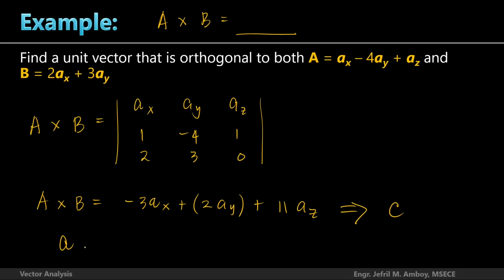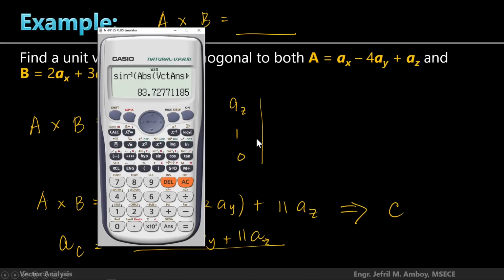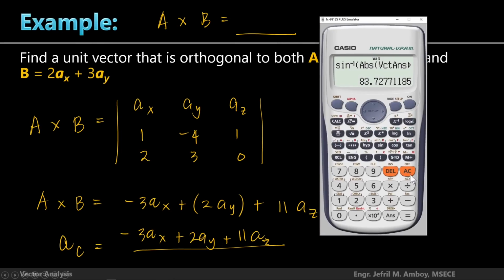So the unit vector in the direction of C is equal to negative 3Ax plus 2Ay plus 11Az divided by the absolute value. So what is the absolute value of this vector? Using a calculator, let's go back to mode 1.